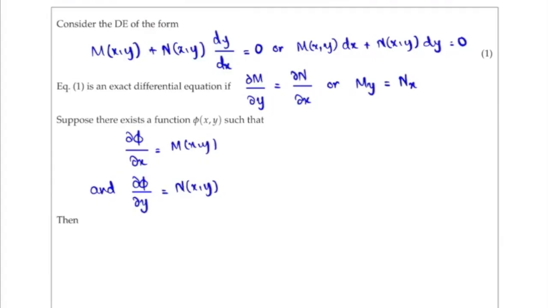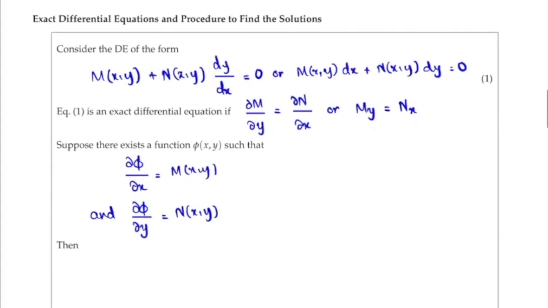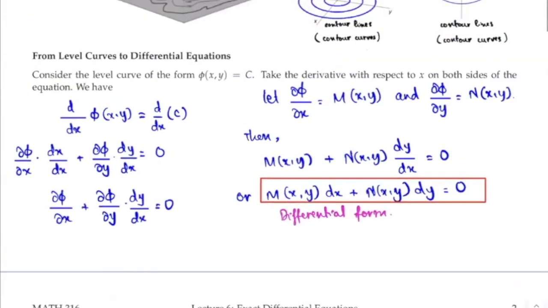Again, this procedure is the reverse process of what we saw earlier, starting from the level curves down to the differential equations. Now we just go in the reverse direction, starting with the differential equations. Can you get to the solution as level curves? Okay. So this is where partial phi partial x and partial phi partial y are coming from.